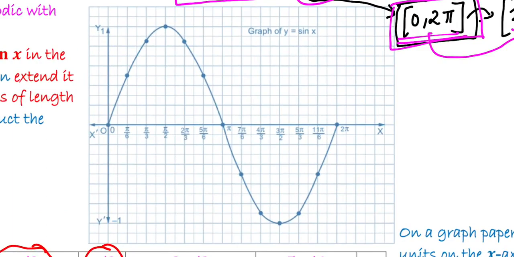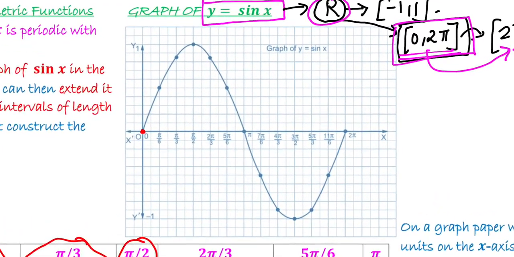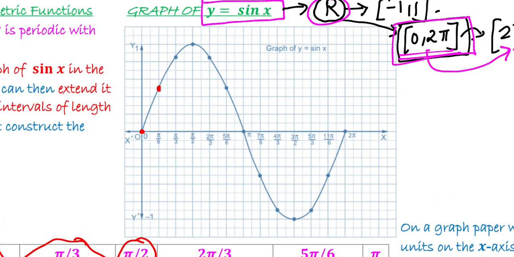Corresponding to 0, the value we have is 0. Then corresponding to π/6, the value we have is 1/2, that is equal to 0.5. Next, corresponding to π/3, the value we have is 0.87, and this is the value 1 corresponding to π/2. So this is the portion of the graph in the first quadrant, for 0 to π/2.